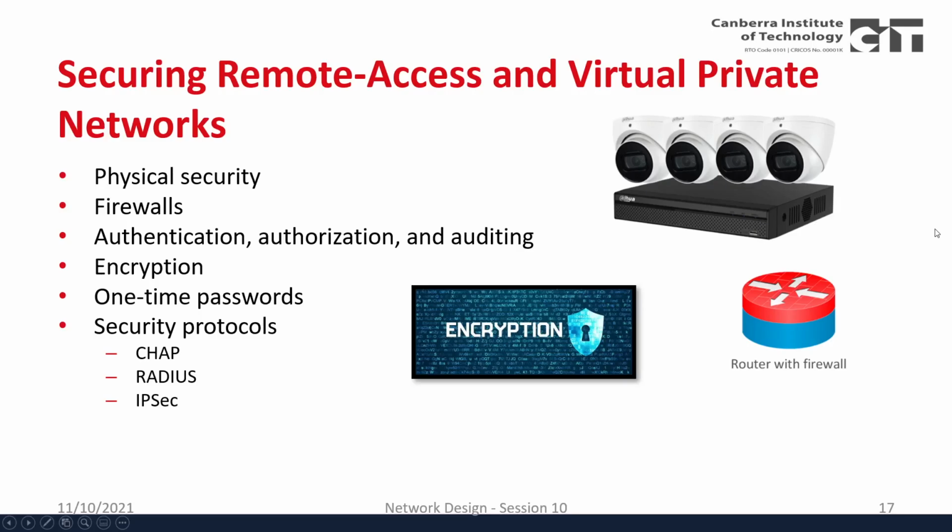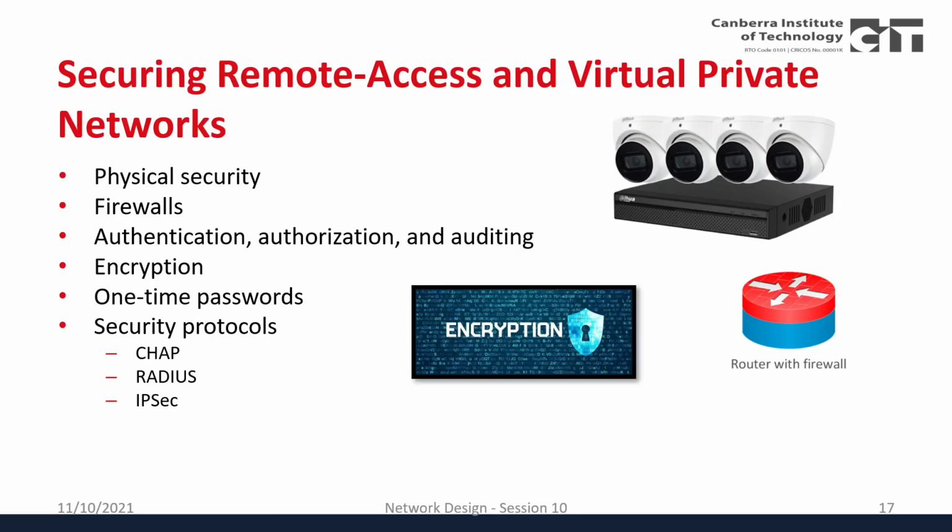All right, securing remote access and virtual private networks. Now that we discussed that, there are many ways we can secure remote access and virtual private networks. The first thing that is important, that we should never overlook, is the physical security of everything. We want to make sure our servers are located in a safe place.